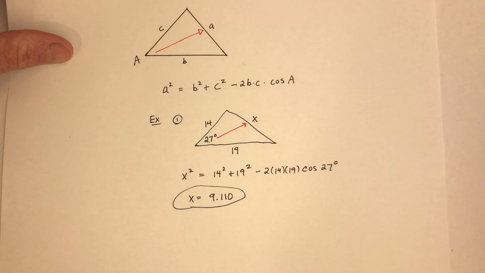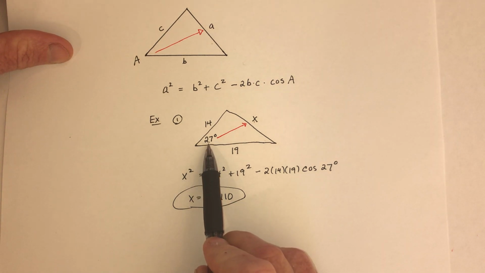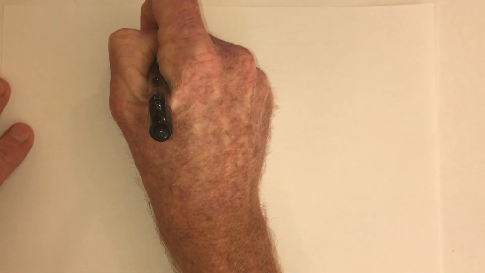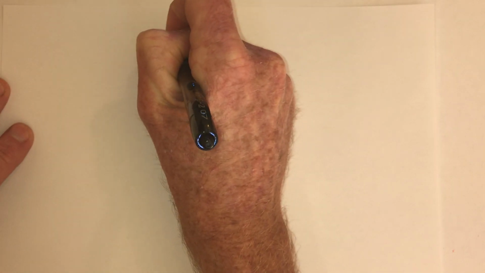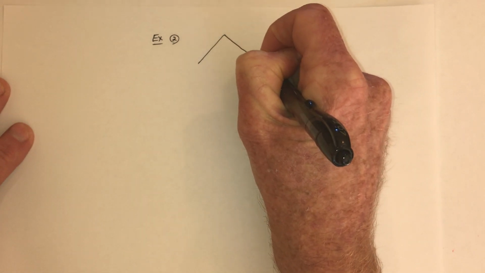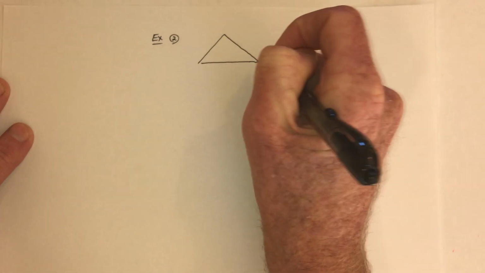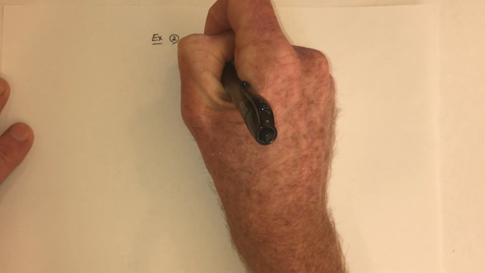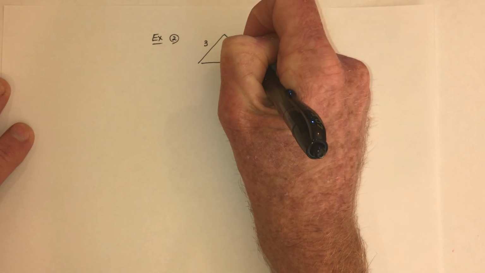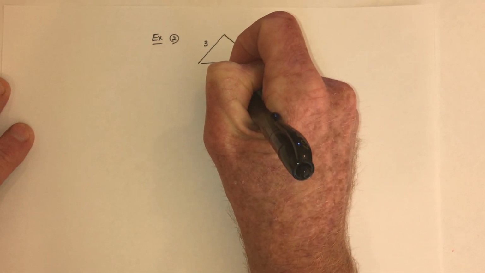Now you can also use this to solve for this angle as long as you know the other side. So this one, example number 2, I find pretty interesting because if you have a triangle and you only know how long the sides are, let's say it's 3, about 4 and 6.